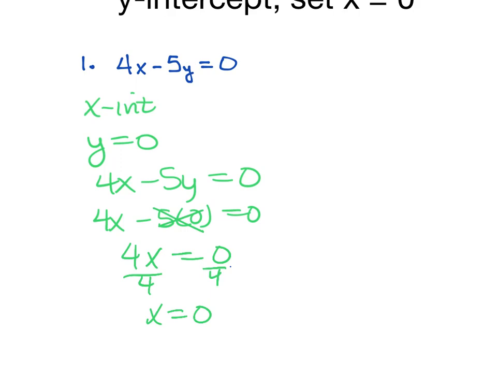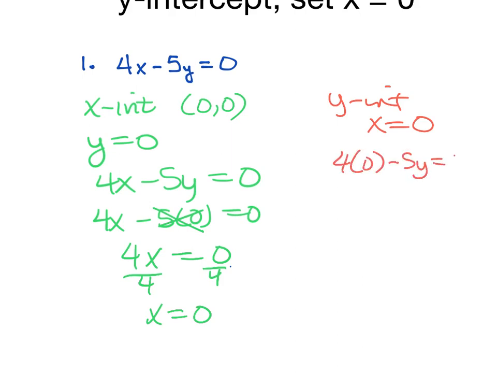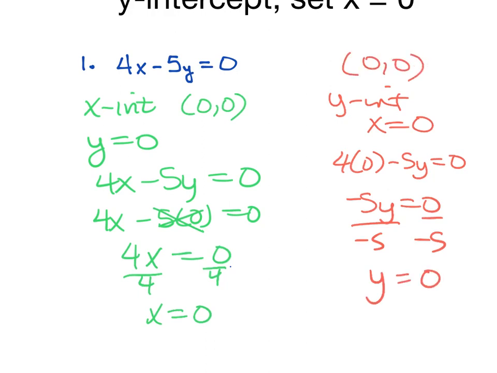So the ordered pair for the x-intercept is 0, 0. To find the y-intercept, I'm going to set x equal to 0. So 4 times 0 minus 5y equals 0. Negative 5y equals 0.